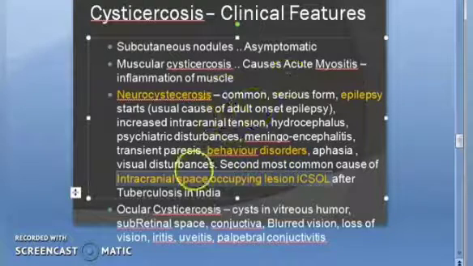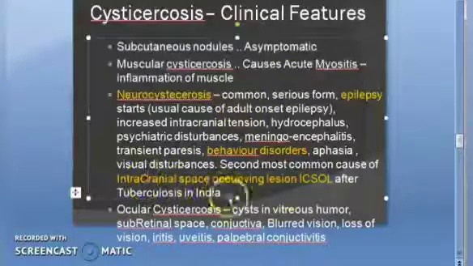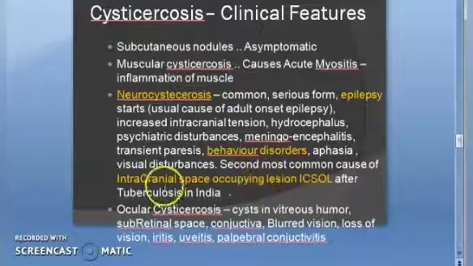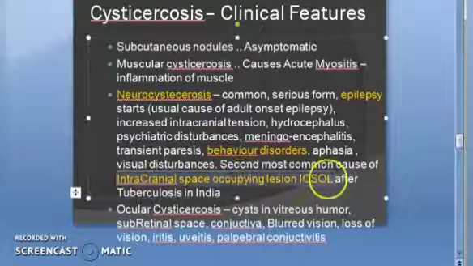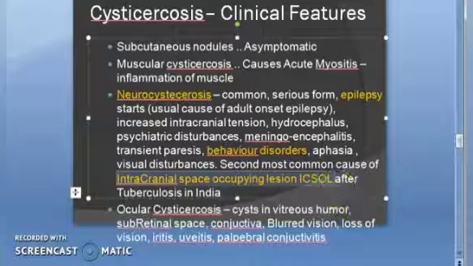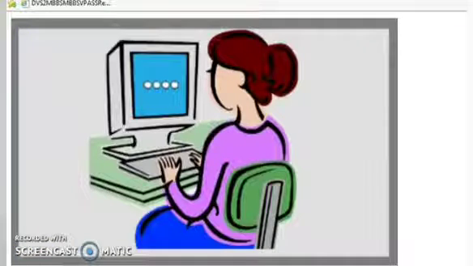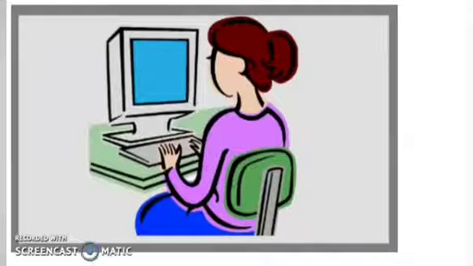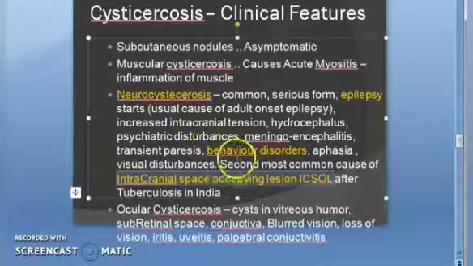Whatever space is there, who will go and occupy? These worms only. Intracranial space occupying lesion, after tuberculosis, is the second most common cause. How many people are understanding the clinical features of cysticercosis? Everybody understood or everybody is sleeping? Okay, good.